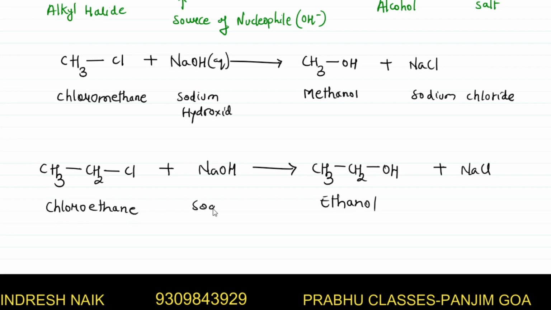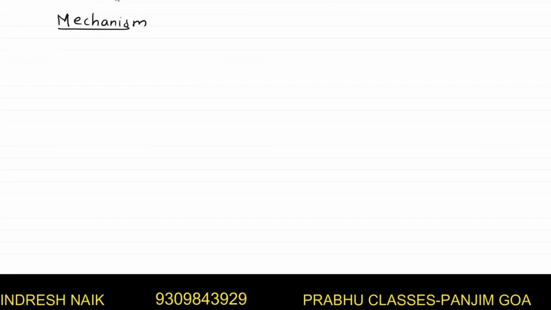This is sodium hydroxide, right? So here, if I take this example, let's write the mechanism for this. So here, this is CH3CH2Cl.